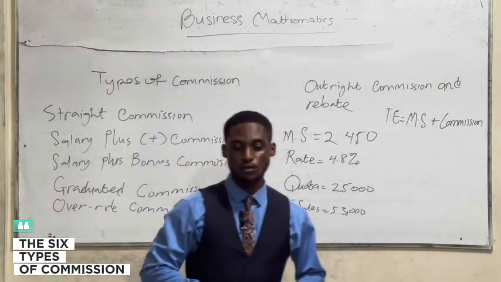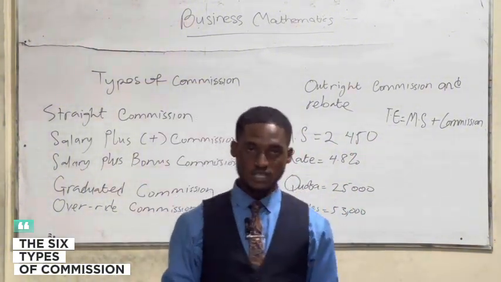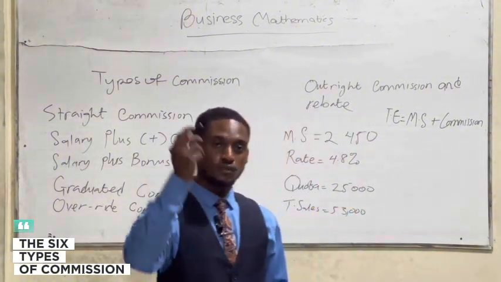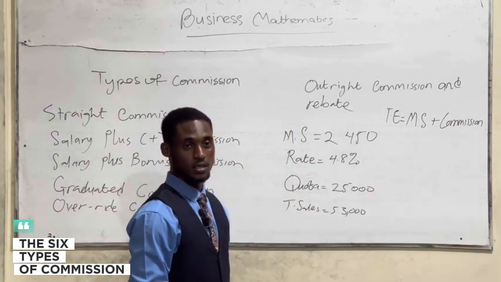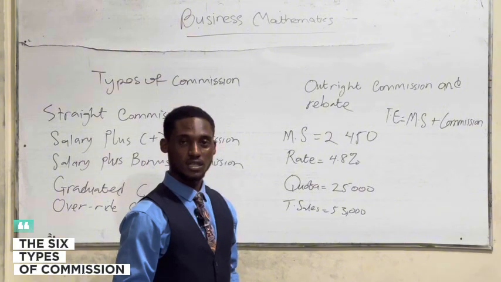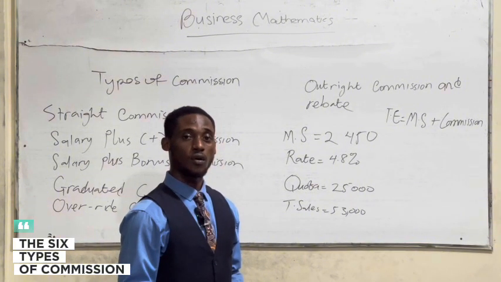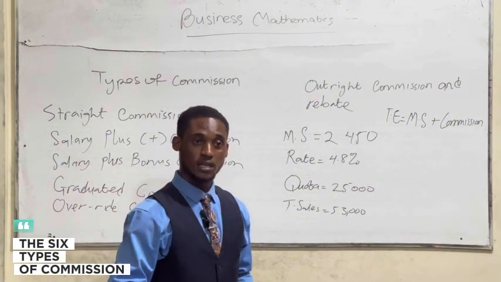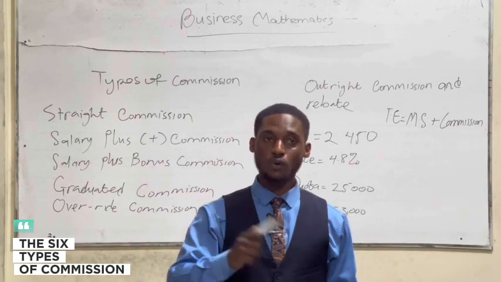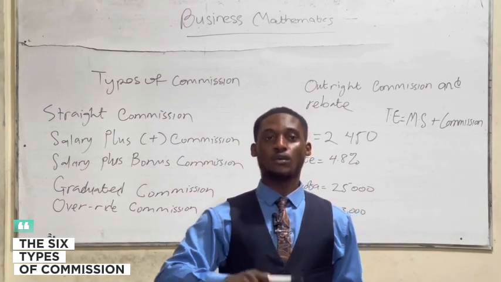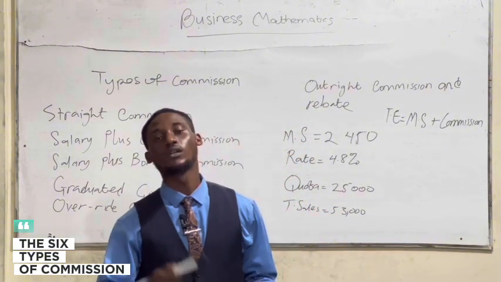So now, for commission here, you have to have it in mind that there is a quota in this question. So commission being calculated on quota makes it what? Commission amount. So when a quota exists in a question, commission is calculated on the commission amount.